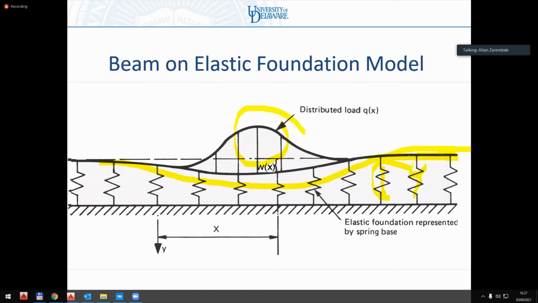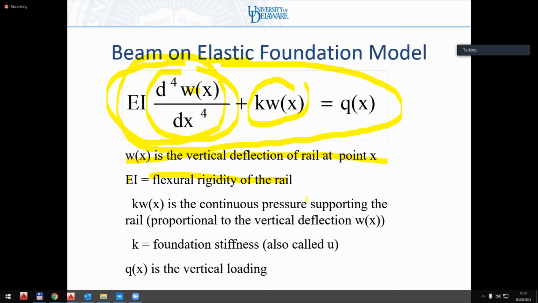And your kW is your foundation term, where k is the stiffness of this foundation. Sometimes you'll also see it in some of the literature referred to as u. I'm going to use k for the most part, but like I said, you'll see both.